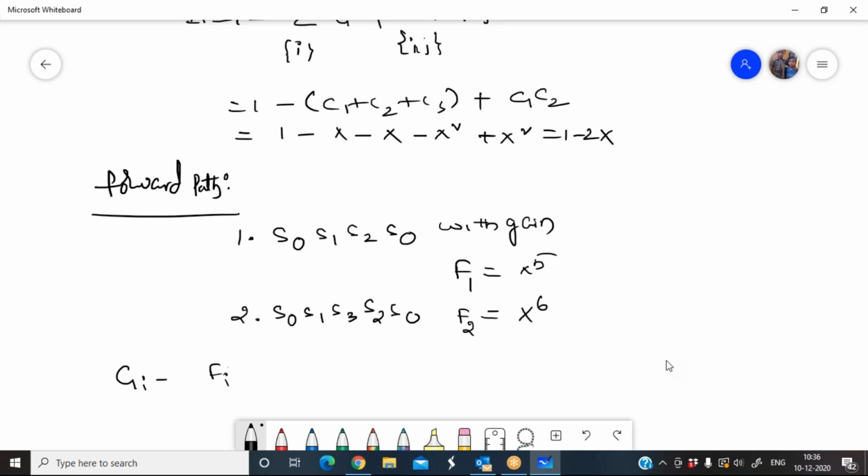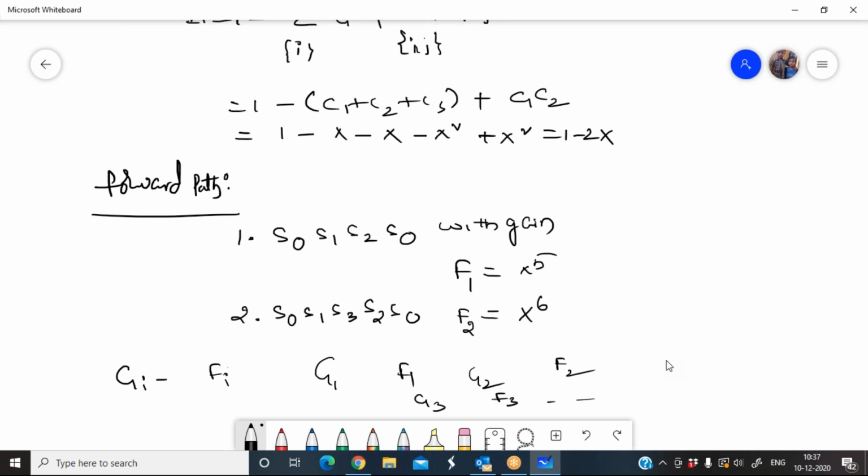Suppose if you want to draw G1, you have to remove the states of F1. If you want to draw G2, you remove the states of F2, and G3, F3, G4, F4 and so on.